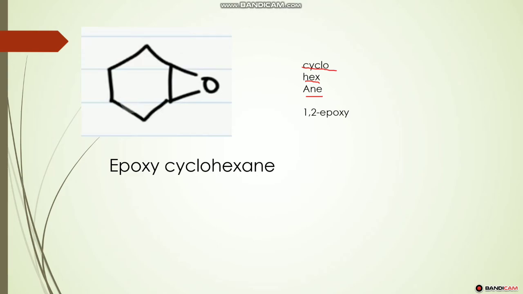So in this case, the epoxide shows up on carbon 1 here, carbon 2, 3, 4, 5, and 6.